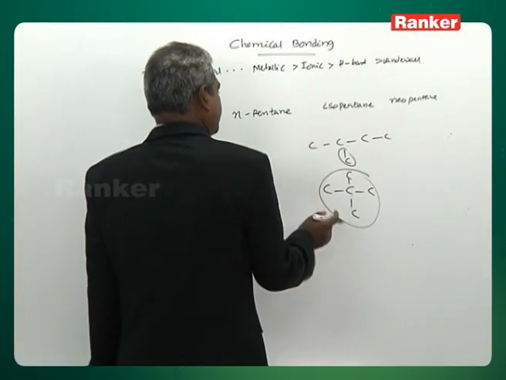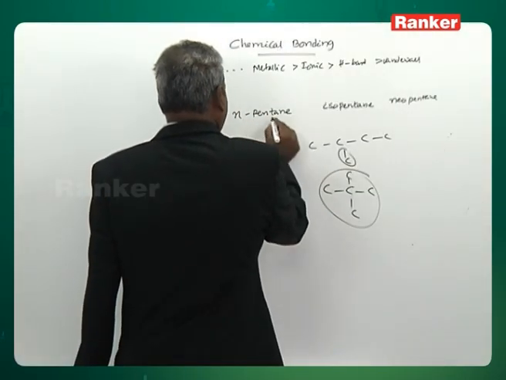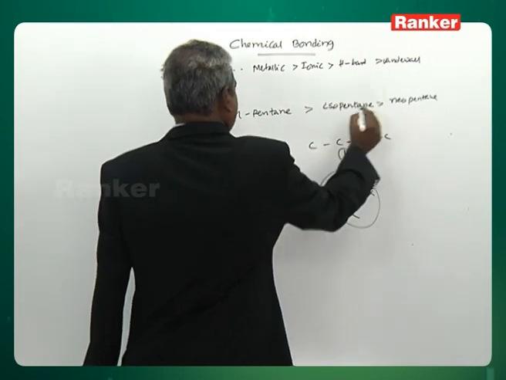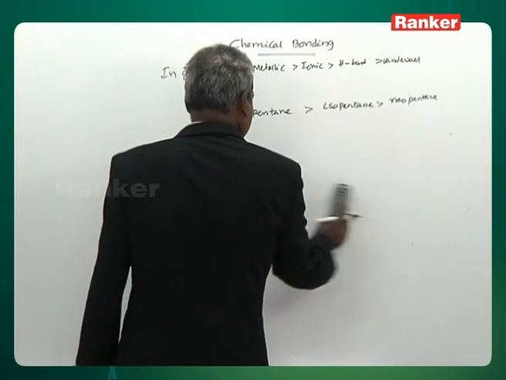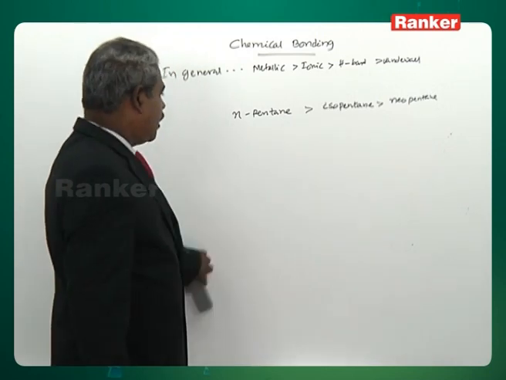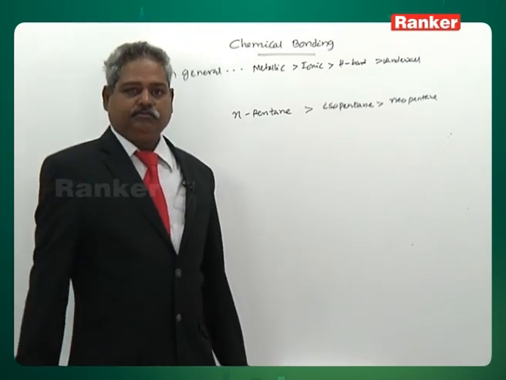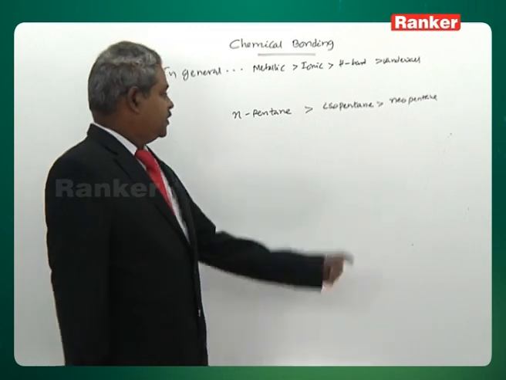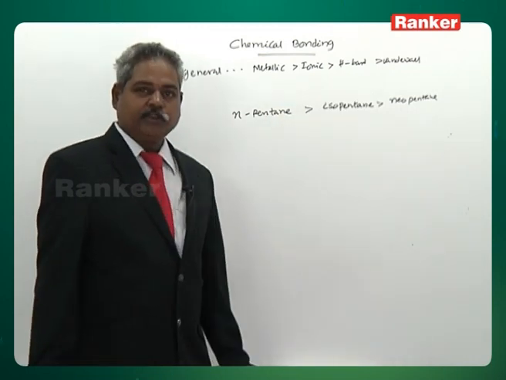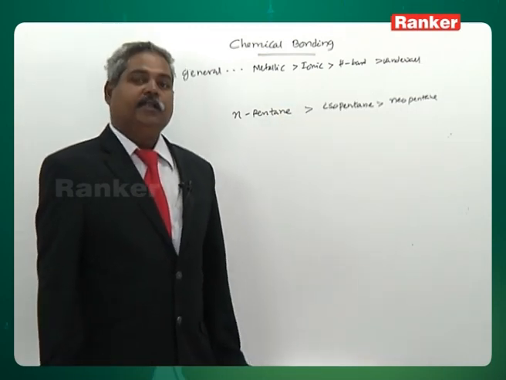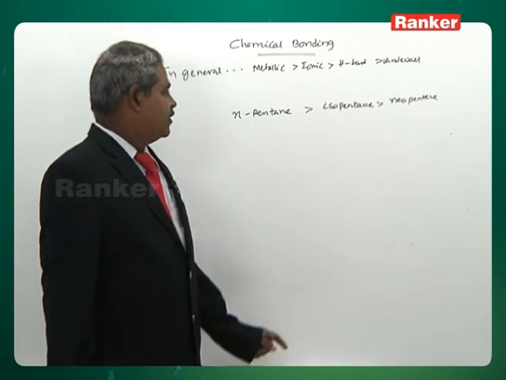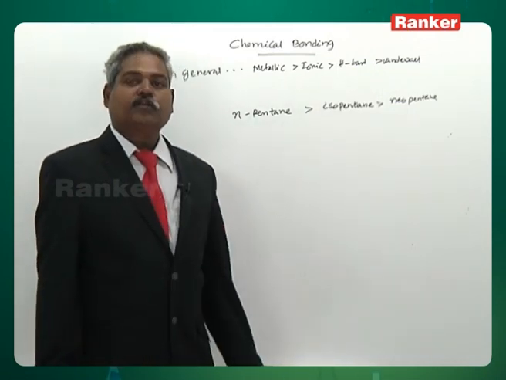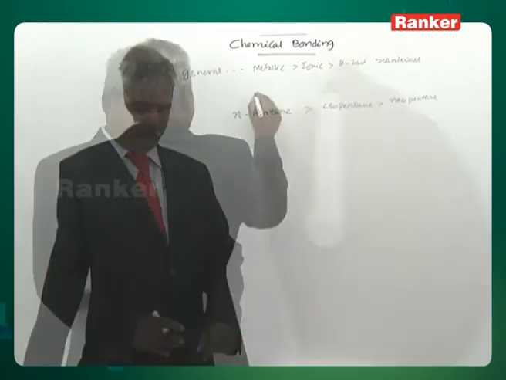Therefore, more branches, less boiling point. So this is normal. That's it. This is used as a last tiebreaker. Talking about surface areas and their dependence on boiling point, that is the last resort. You look at it when there is no other force of attraction existing.